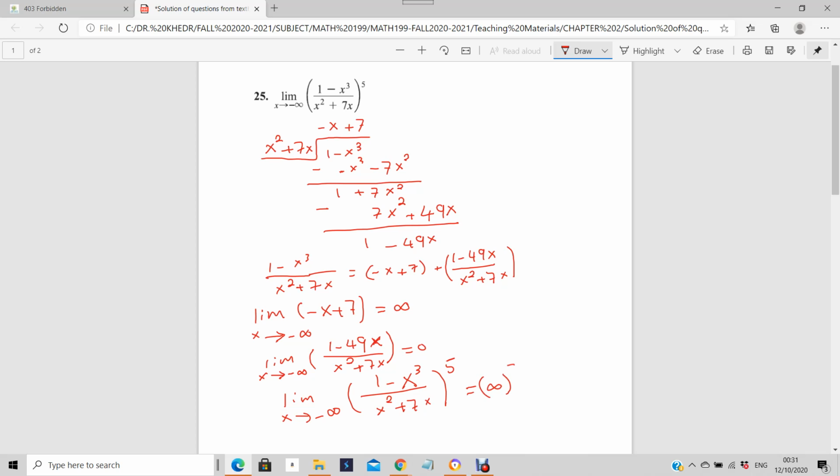Infinity to the power of 5, which is infinity. So as x goes to minus infinity, the answer will be infinity.